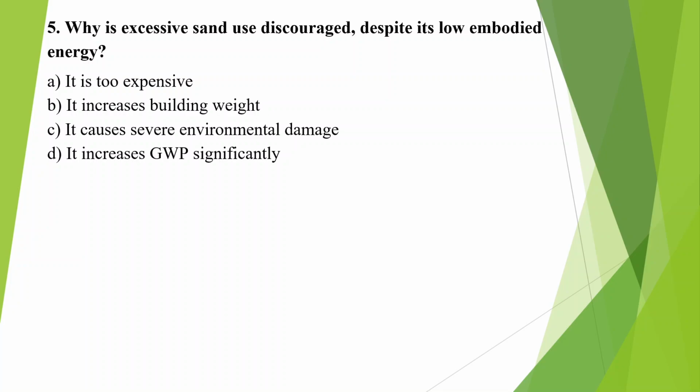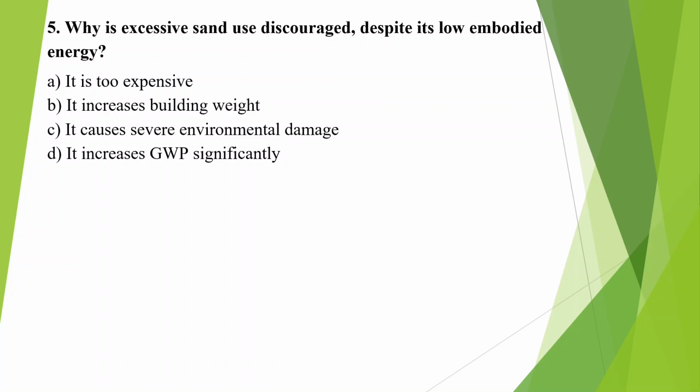So, though sand has low embodied energy, as has been mentioned in the question also, so if it has low embodied energy or low emissions, you can say so. Option D, that it increases global warming potential, is not the correct answer, because it already means that it has low embodied energy.